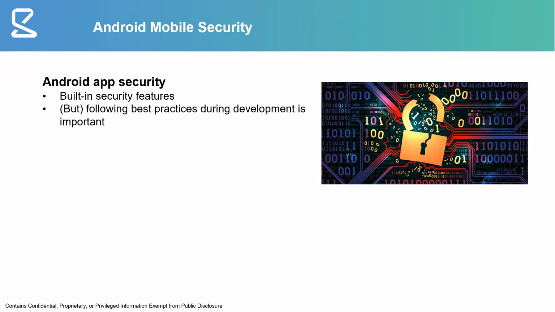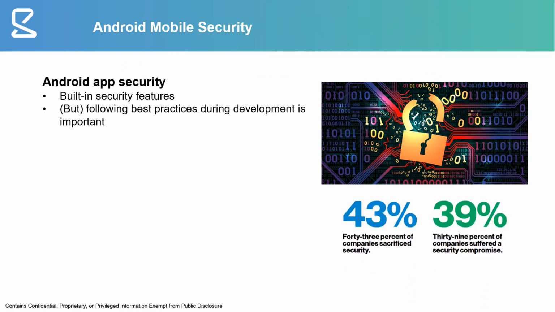However, it's important to follow certain best practices during development to avoid introducing security risks, which could happen at any time. An interesting fact: according to a 2020 mobile security report by MSI, 43% of organizations often overlook mobile app security in the race to launch their mobile applications sooner.